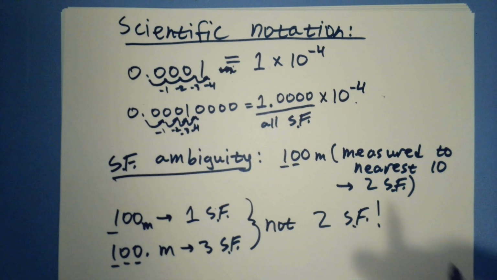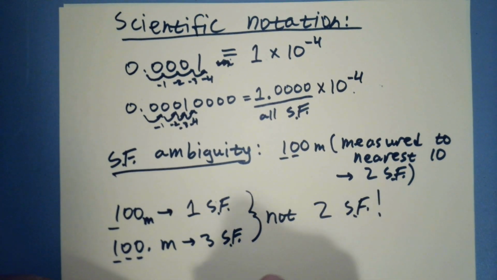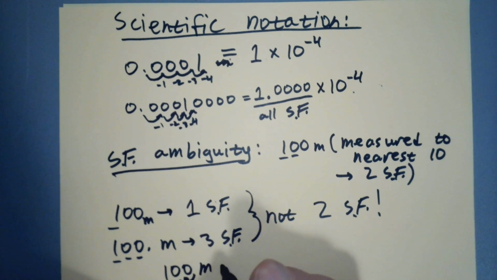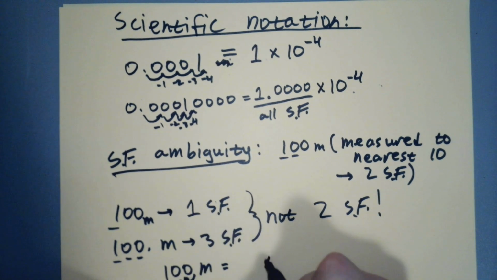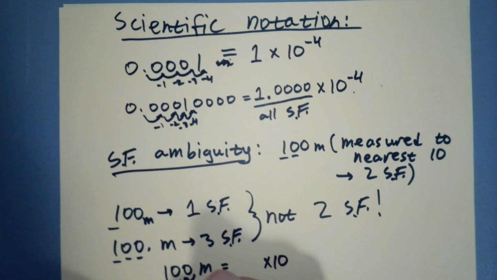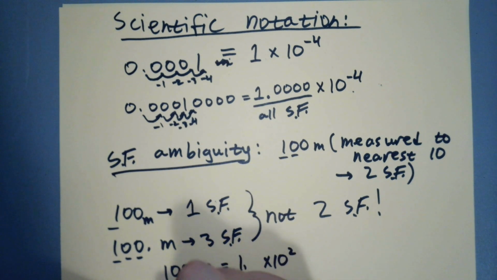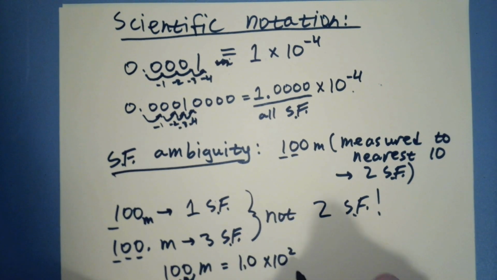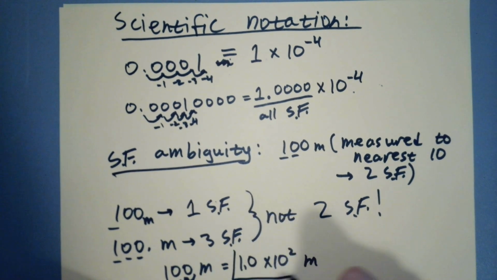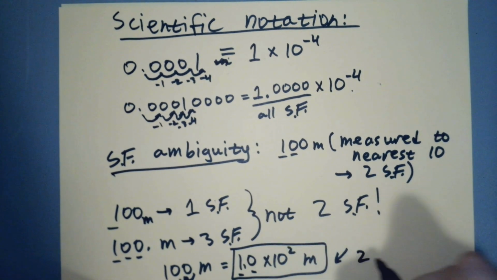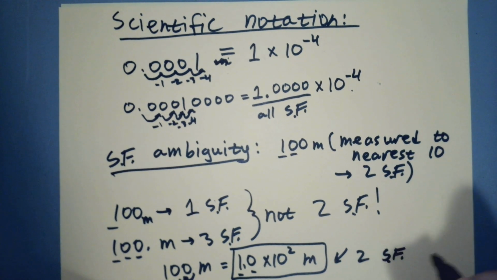So what do I do? I write in scientific notation. So I've got 100 meters, and that is going to be something times 10 to the, in this case we're going to the left, so it's going to be positive 2. And the 1 and the first zero count. Guess what that is? 2 significant figures.